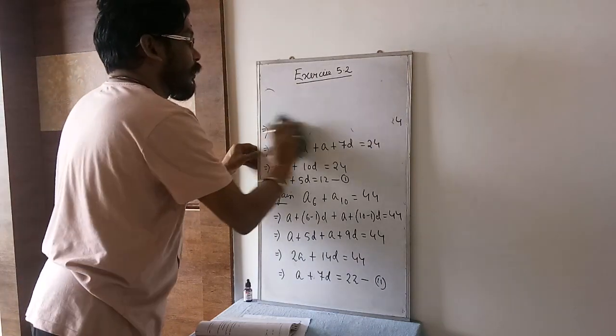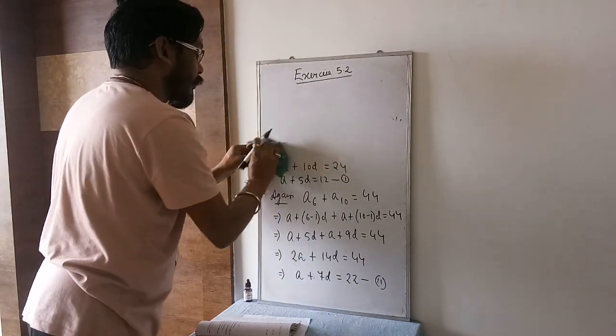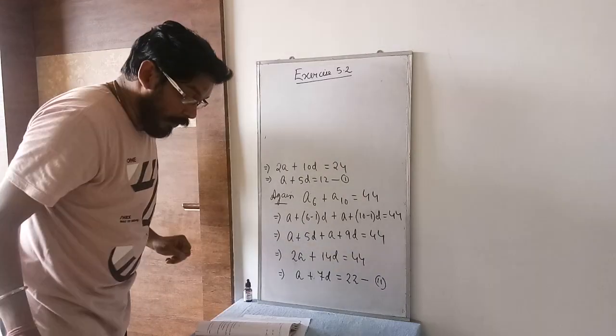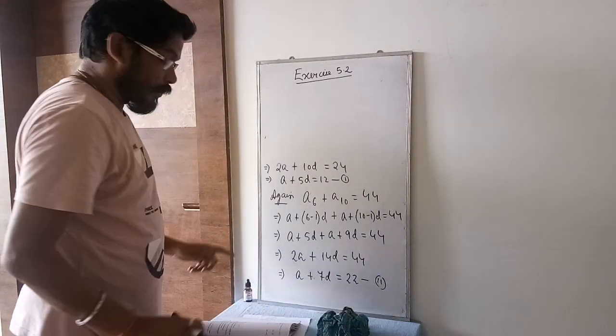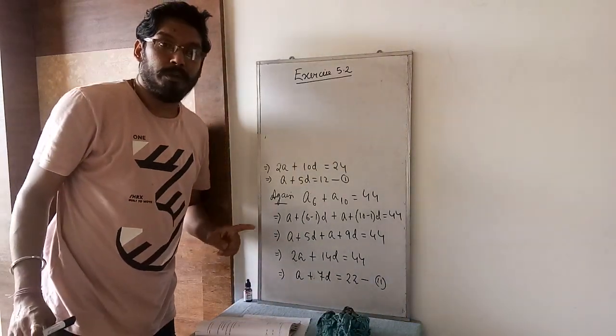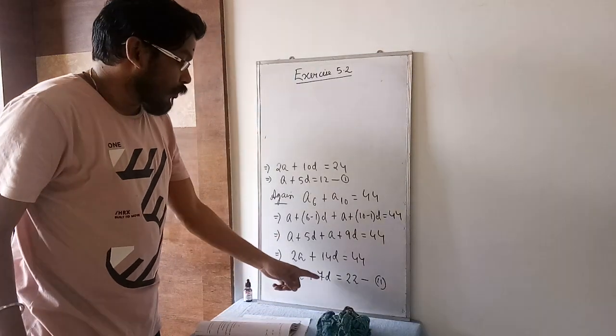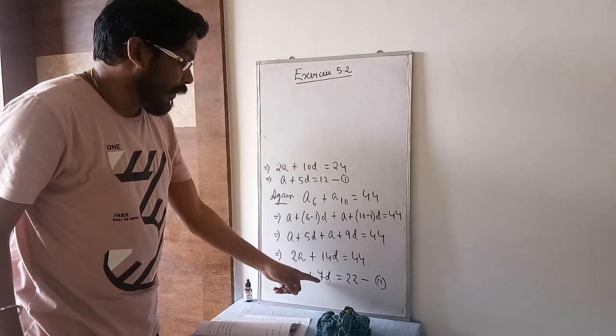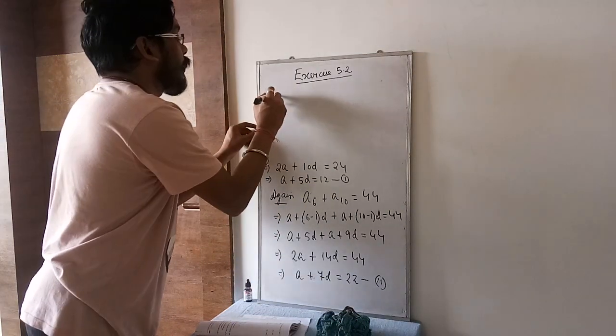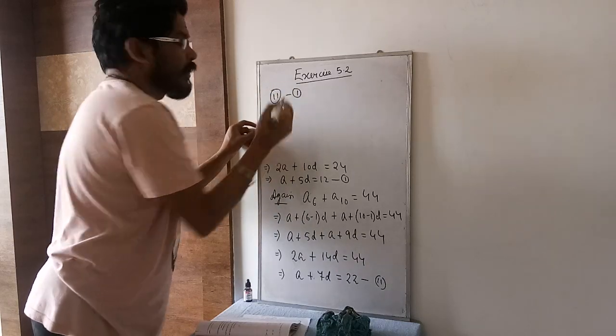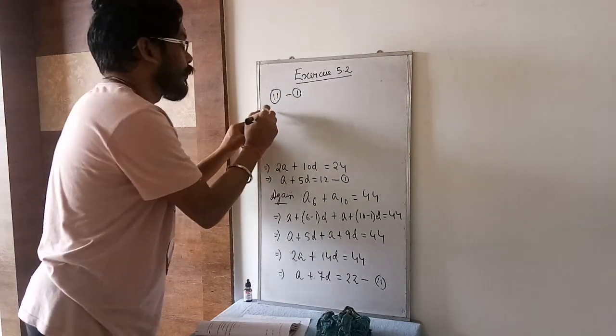Now I will solve equation 1 and equation 2, because I have to find the first three terms. To find the first three terms, you have to know the value of A and D. Equation 2 has a bigger D value than equation 1, so let me do equation 2 minus equation 1. There is no restriction, you can do 1 minus 2 also.